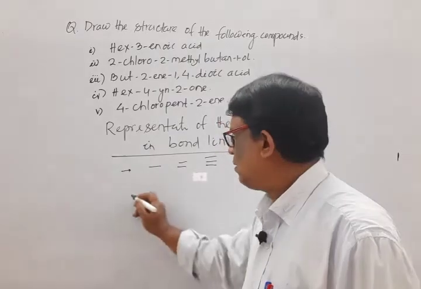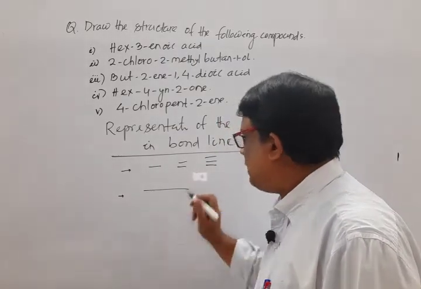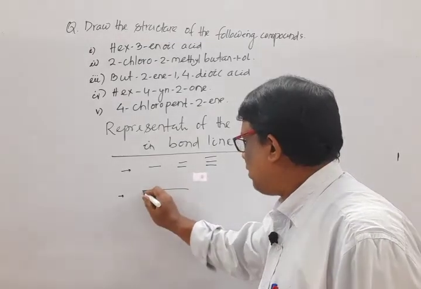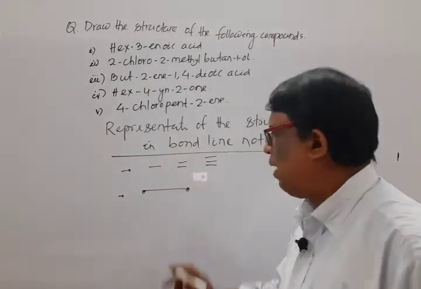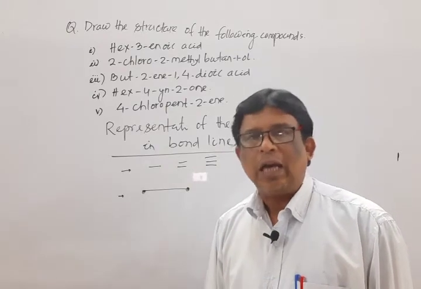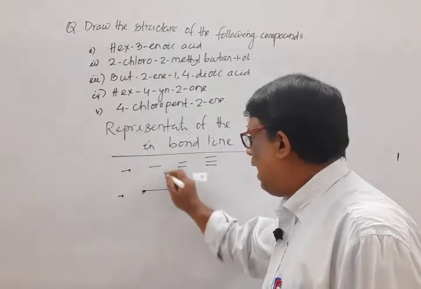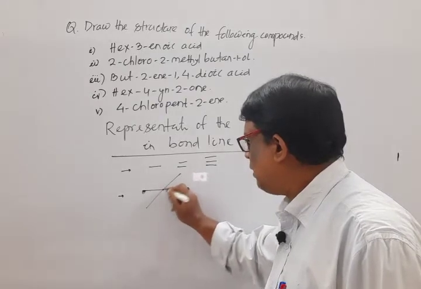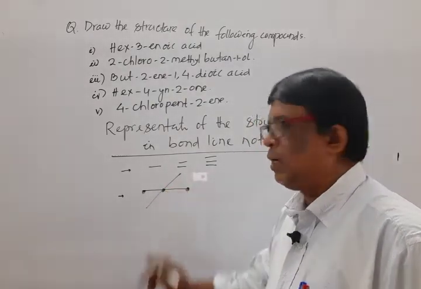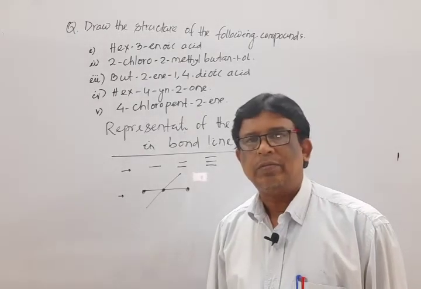Okay. Next, mark that. If a line indicates a single bond, then at the end point is 1 carbon atom. That means a carbon atom at the end point of a line, and also at the intersection. When this line intersects another line, at this point also it is 1 carbon atom.